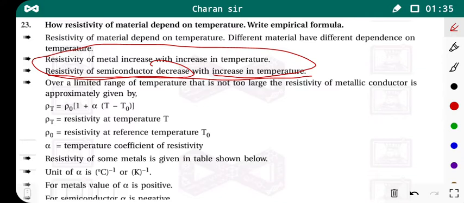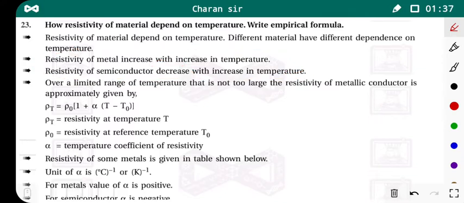First of all, we consider the resistivity for metals. The resistivity of metals can be expressed by this equation: rho T equals rho 0 times bracket 1 plus alpha times bracket T minus T0.